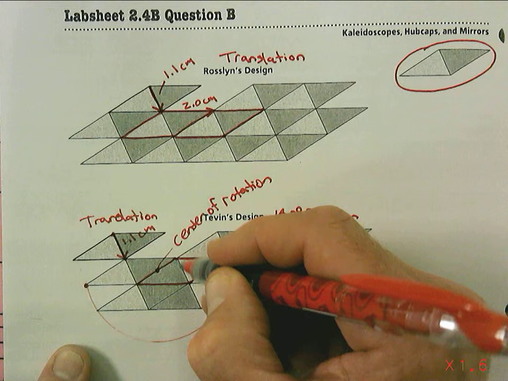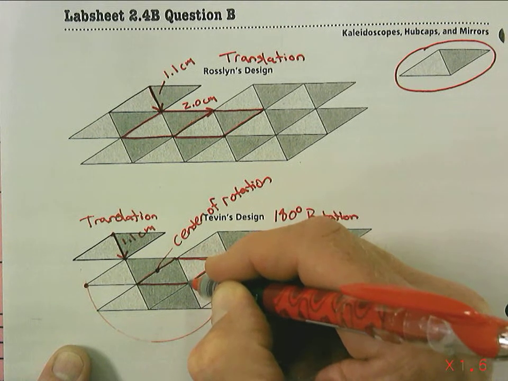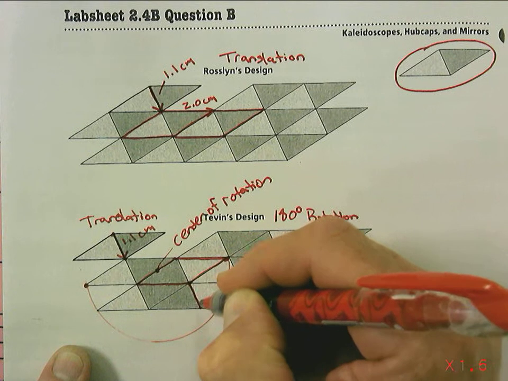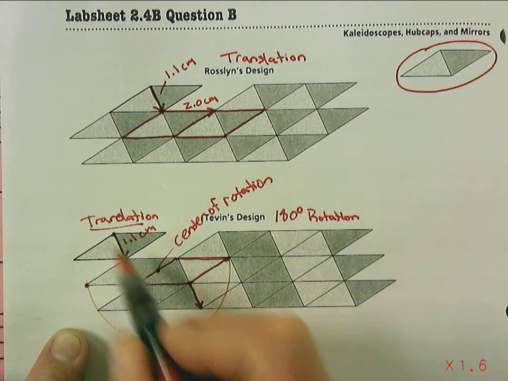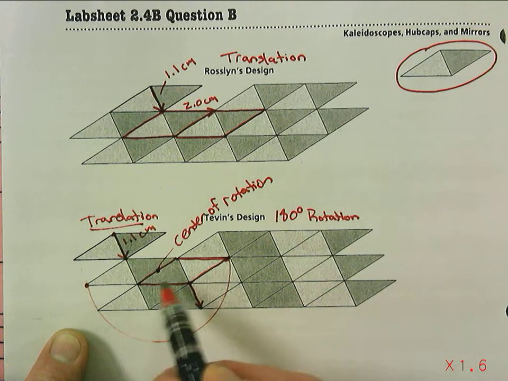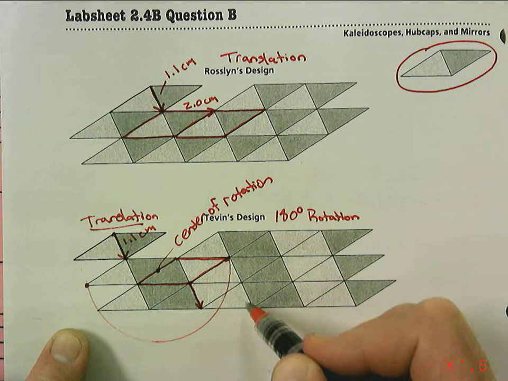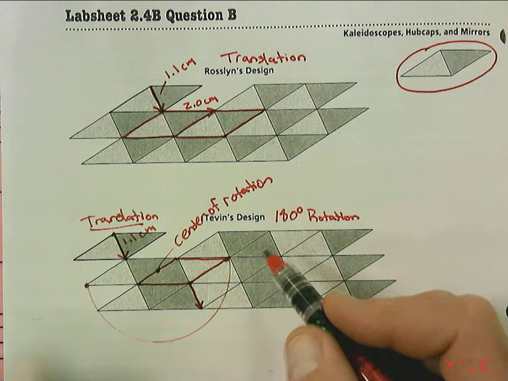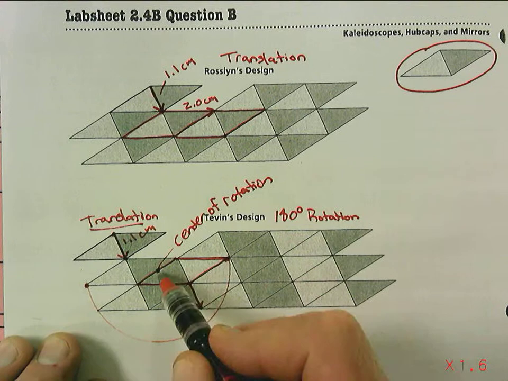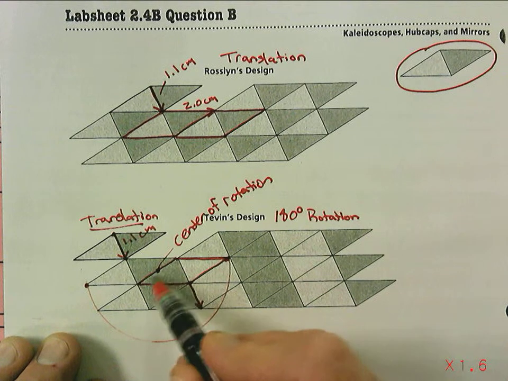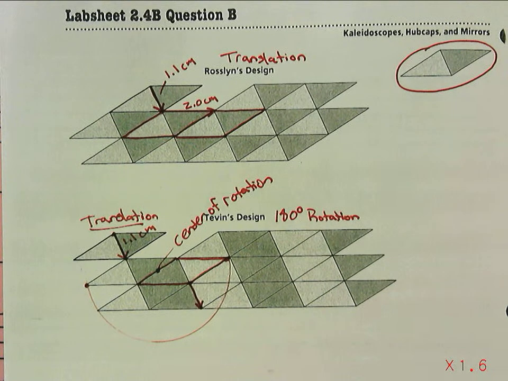And then once again we could just slide it down 1.1 centimeters from here to here to get it into this position. So you're doing two things in this one. You're translating down, you're rotating to flip it around into this position, translating, rotating. So you're going to do a translation and a rotation in order to create Tevin's design. The center of rotation is at the midpoint of one of these pieces, and that's the spot that you rotate the image around to get it to the next point.